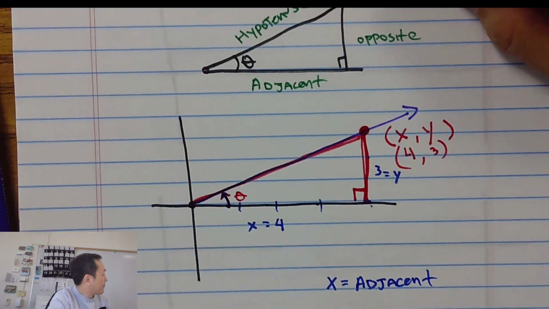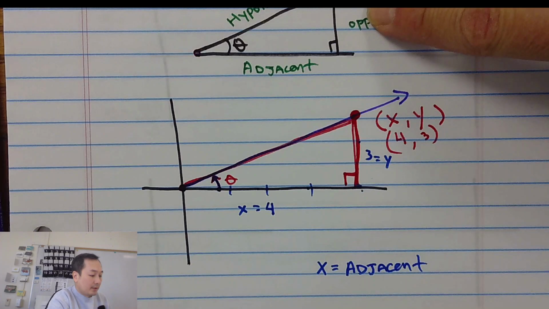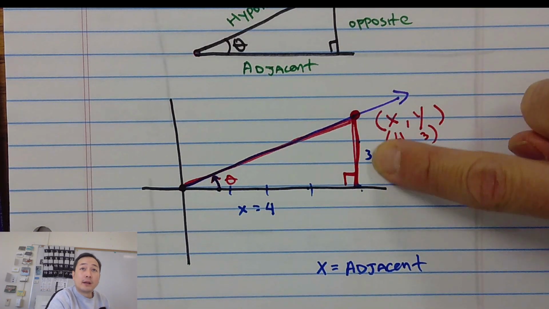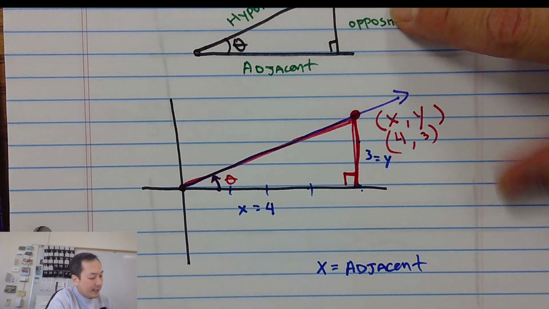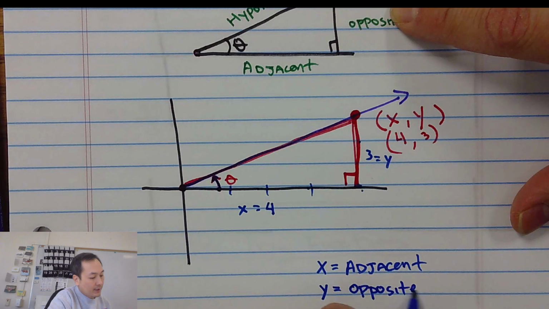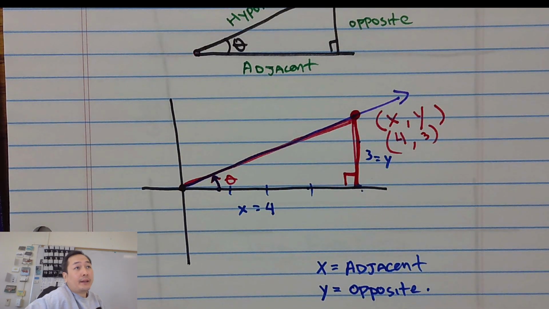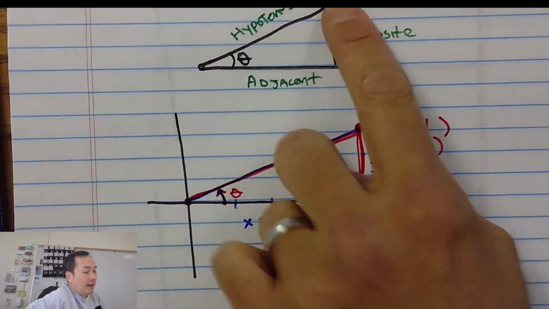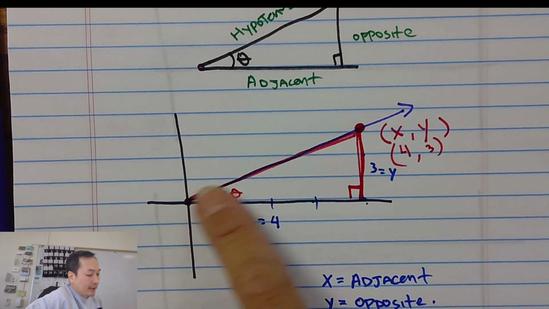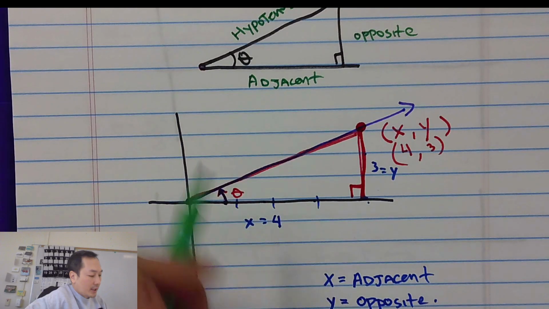And then here, my opposite side became my y. So instead of saying opposite, I'm going to say y. Make sense? Now, what in the world is my hypotenuse? There must be something here. What is this side referring to? Okay, what is this side here?